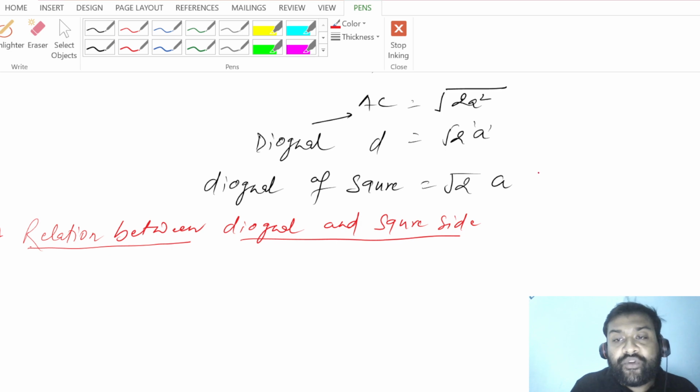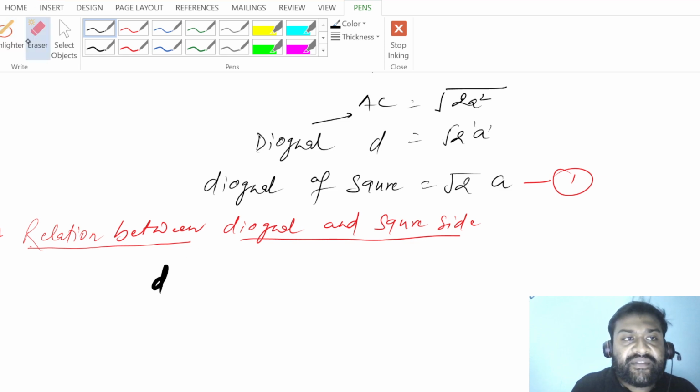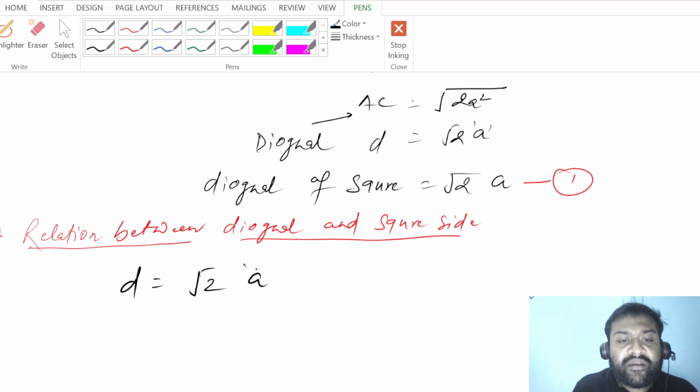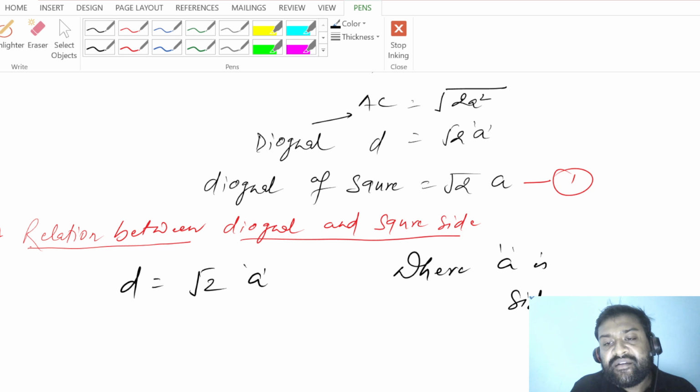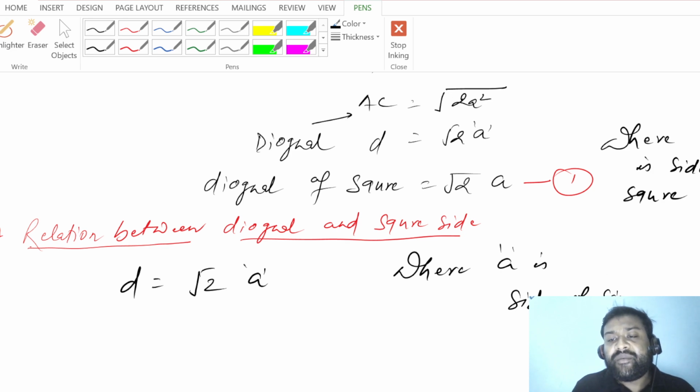From here we can take D. So D is equal to root 2 A, where A is the side of the square.